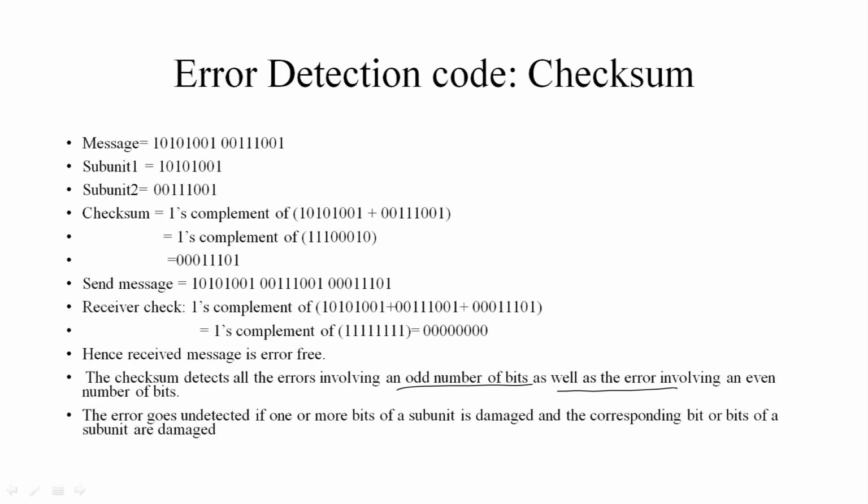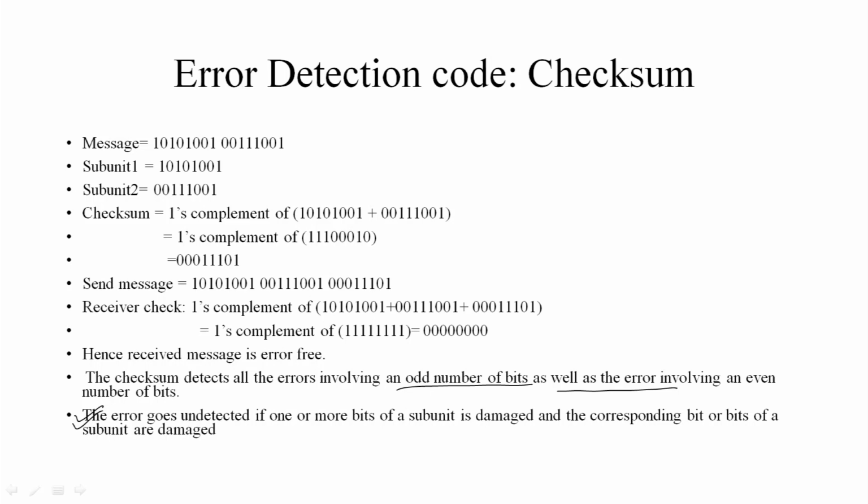The important point here is that the error goes undetected if one or more bits of a subunit are damaged and the corresponding bits of another subunit are also damaged.